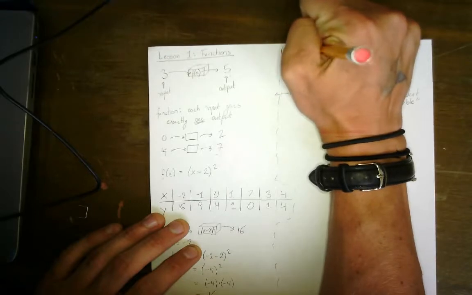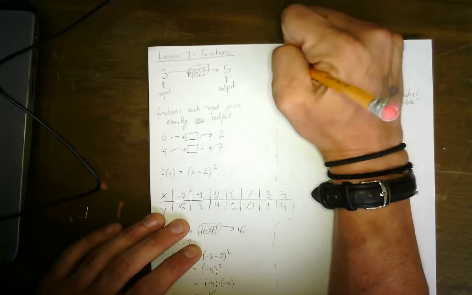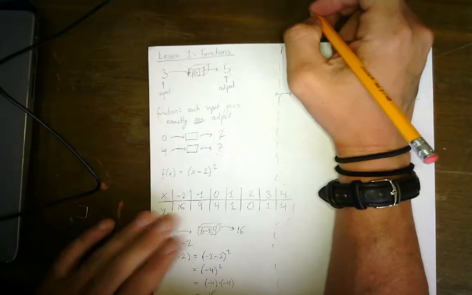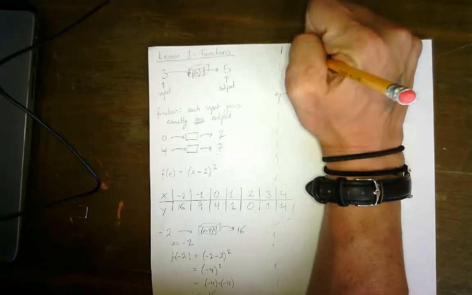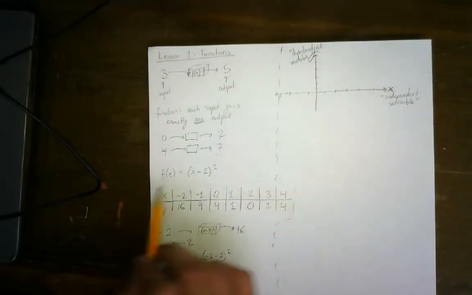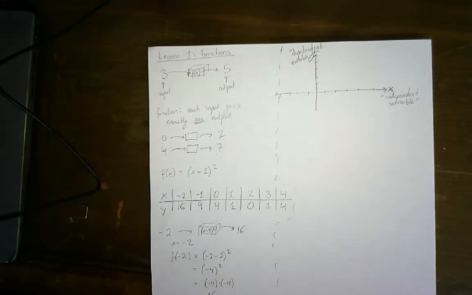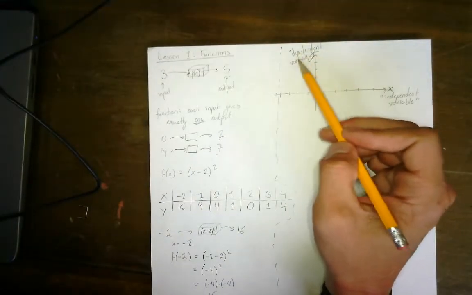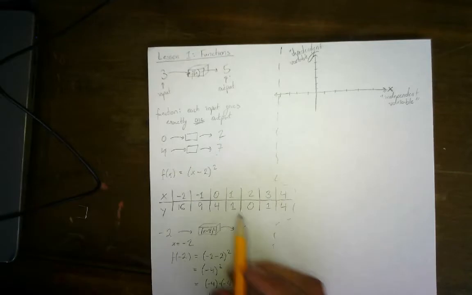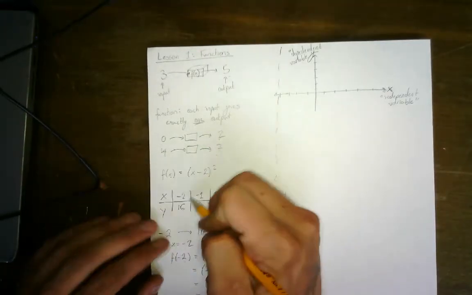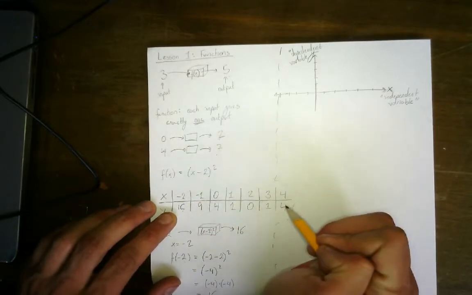And the reason why we call these independent and dependent variables is pretty obvious once we look back to our table. Notice how we chose our -2, -1, 0, 1, 2, 3, 4, x. It was independent of anything. We decided those were the numbers that we wanted to choose. But the y variable is the dependent variable. It depended on the function, and it depended on the x value in order to get these y values.